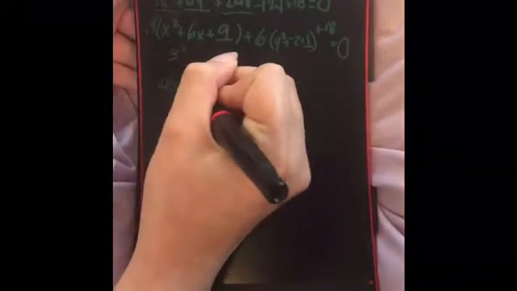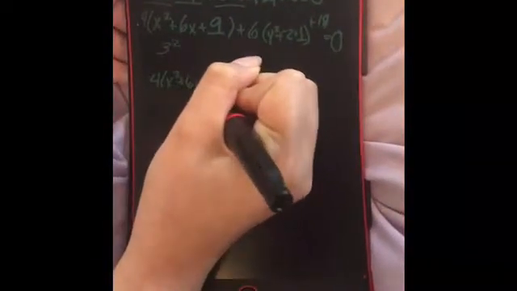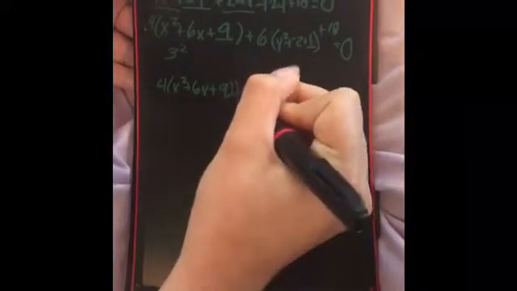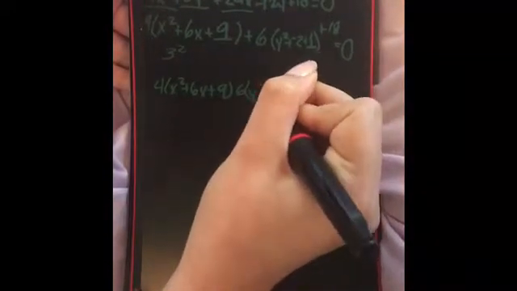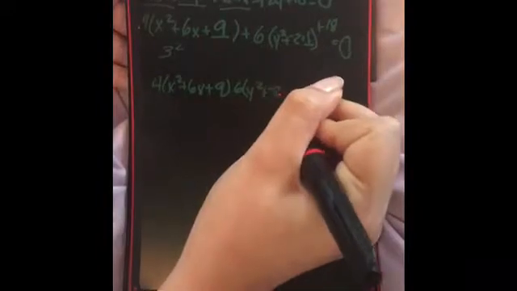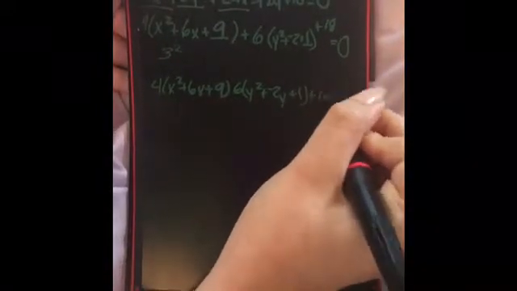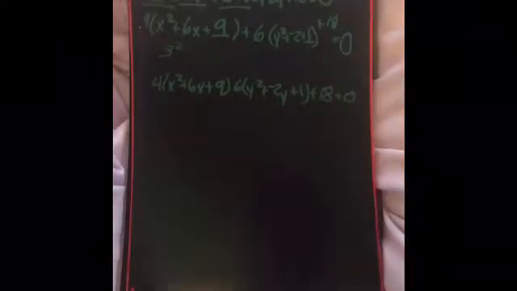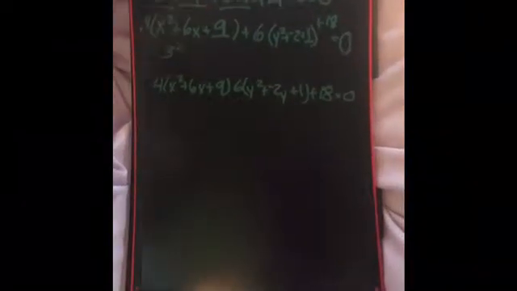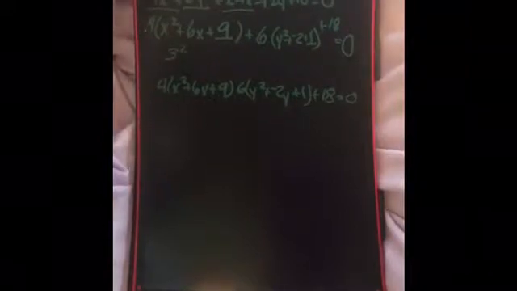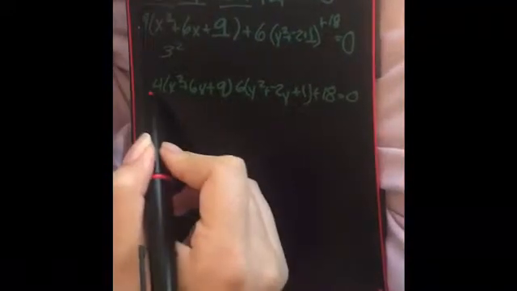So we have 4x squared plus 6x plus 9, and 6y squared plus negative 2y plus 1, plus 18 equals 0. After this, what we have to do is figure these out.